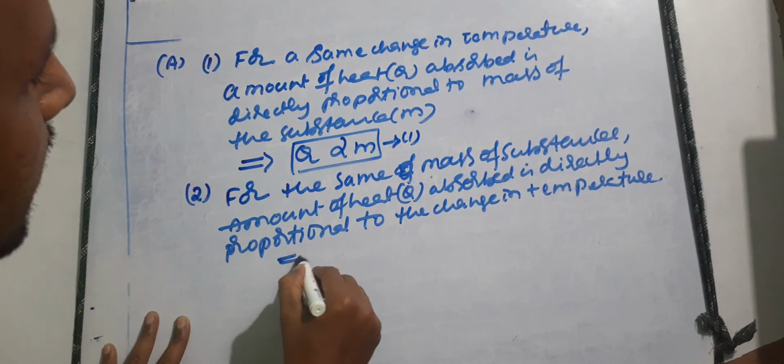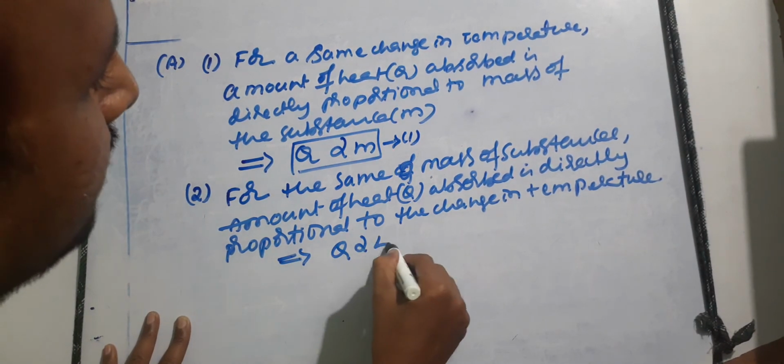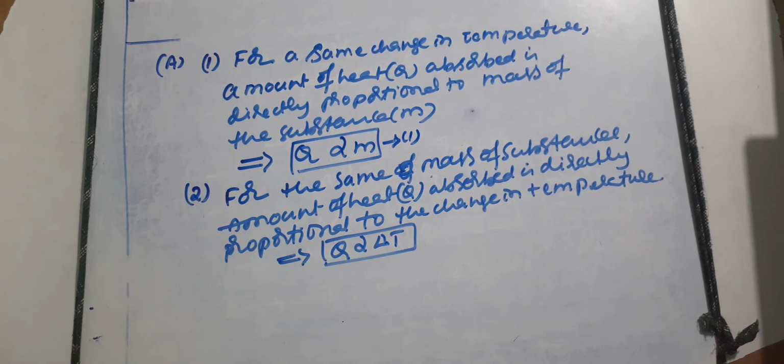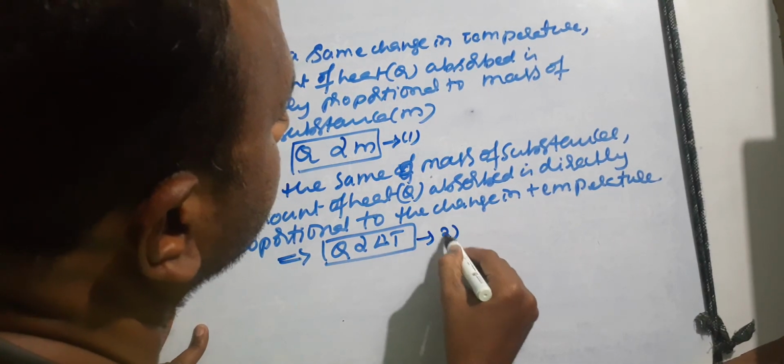So this implies Q is directly proportional to delta T. When delta T is higher, Q will be higher. When delta T is lower, Q will be lower. This is equation number 2, students.